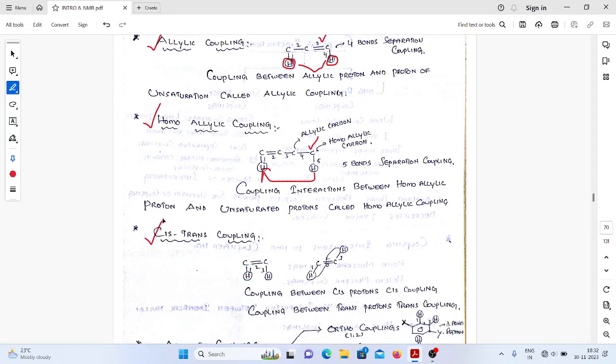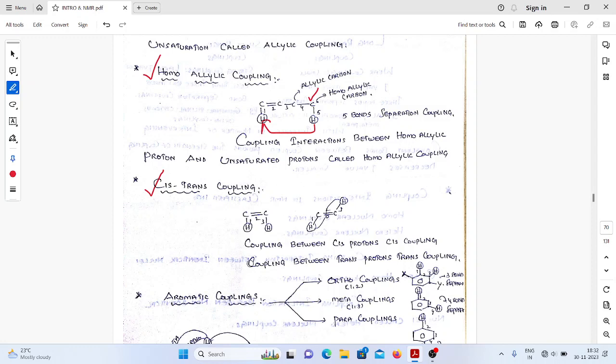Next type of coupling, cis-trans coupling. Already we know that the cis-trans phenomenon is observed in alkenes. The coupling between cis protons, the coupling between trans protons, these should be non-equivalent in nature, then only will we observe the splitting of the signal. Okay.